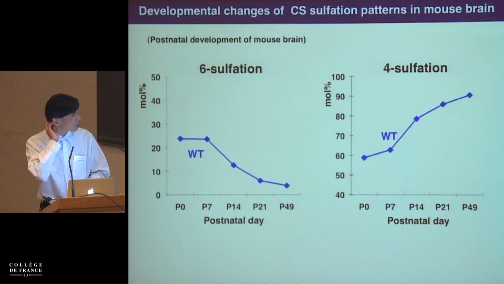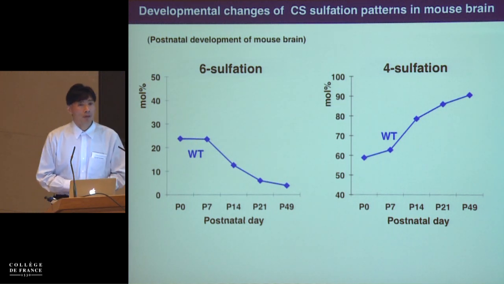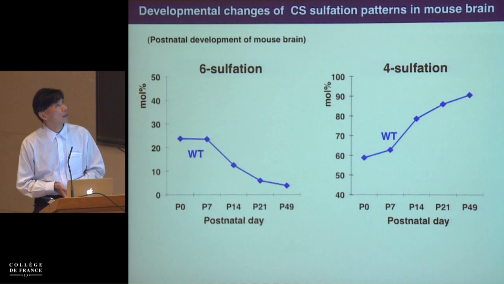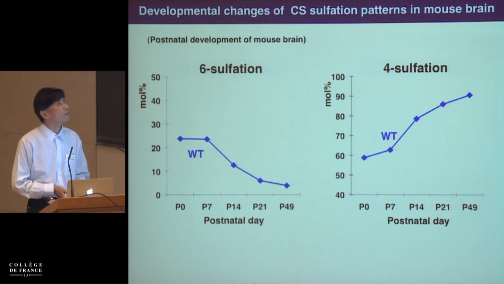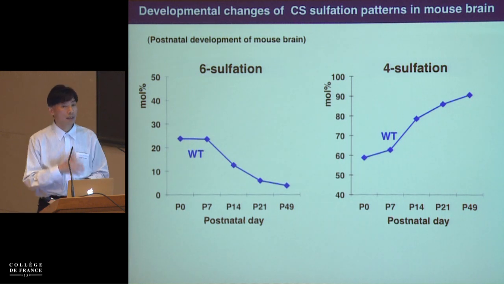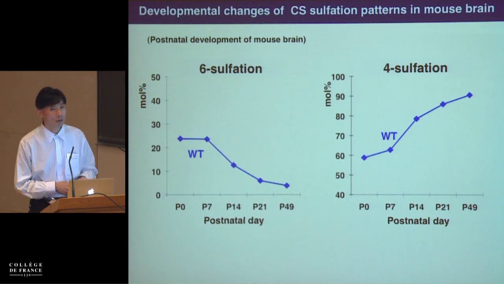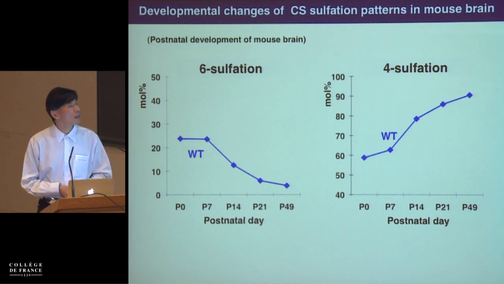We previously reported that during postnatal development of the mouse brain, the proportion of 6-sulfation gradually decreased, whereas that of 4-sulfation progressively increased.